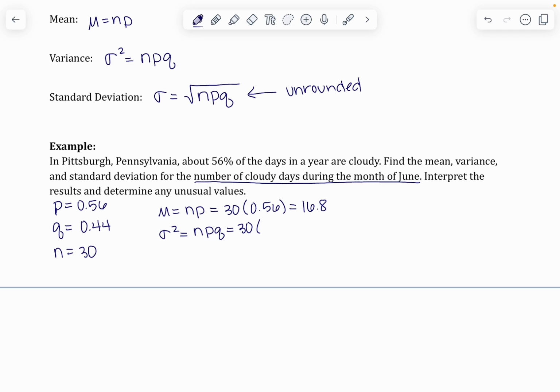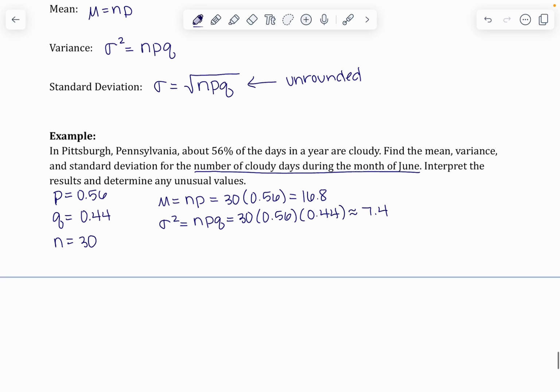So 30 times 0.56 times 0.44 is going to be approximately, if we round to the nearest tenth, 7.4. And then our standard deviation is the square root of npq. If we look at our variance unrounded, we have 7.392, which if we round to the nearest tenth, gives us 2.7.